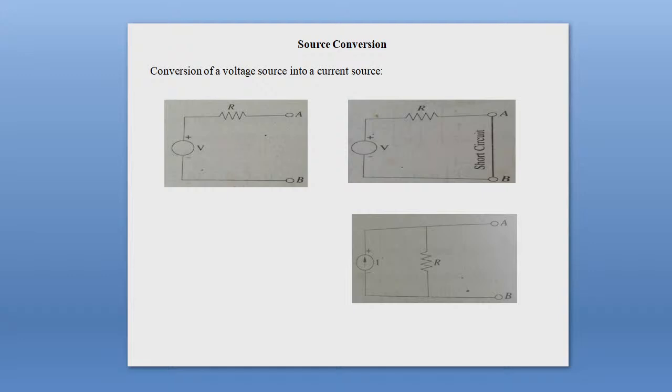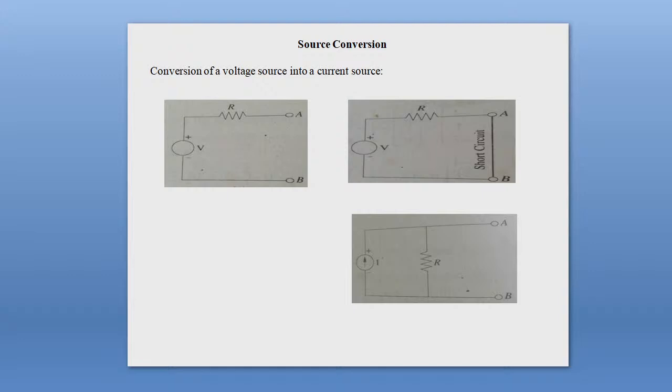So I hope everyone understands the concept behind the source conversion approach. If a voltage source is provided to you and you are asked to convert it into a current source, you can convert it by placing a short across the AB terminals or open terminal.